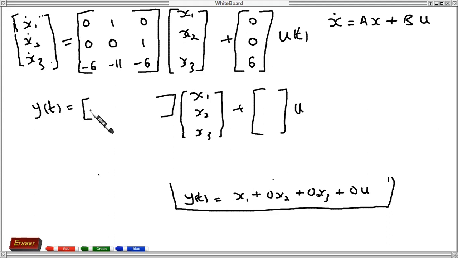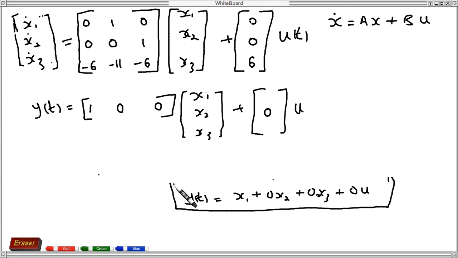That means 1 for x1, 0 for x2, and 0 for x3, and then 0 for u. This becomes the output equation where the matrix C is 1, 0, 0, and the matrix D is equal to 0. And this is the state space representation of the system defined by the differential equation, which was a third order differential equation.